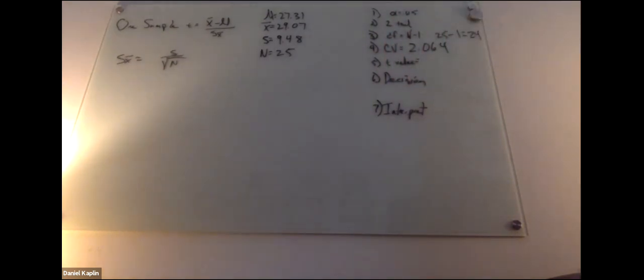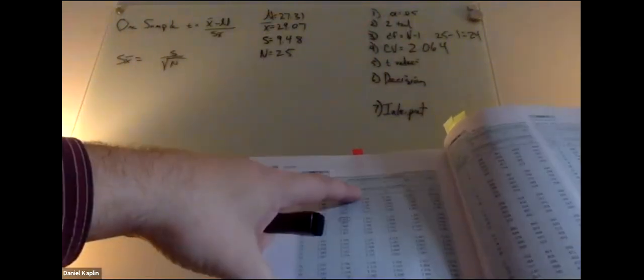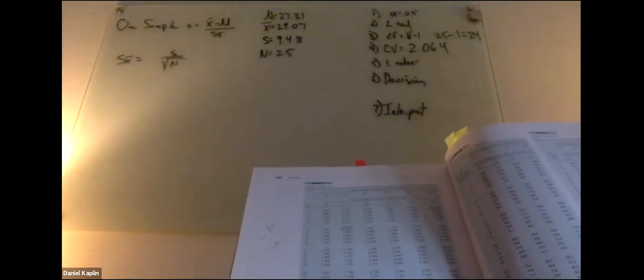Now, if you're wondering where that came from, if you look at the book and you go across to 0.05, sorry, this is hard to do with the camera angle. So we go level of significance for a two-tailed test, 0.05, and then down to 24. If we go down to 24, you see that it's 2.064.